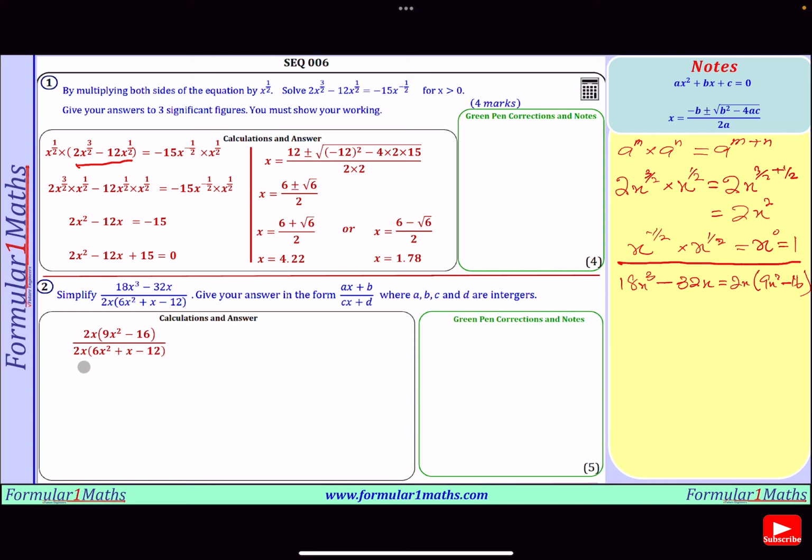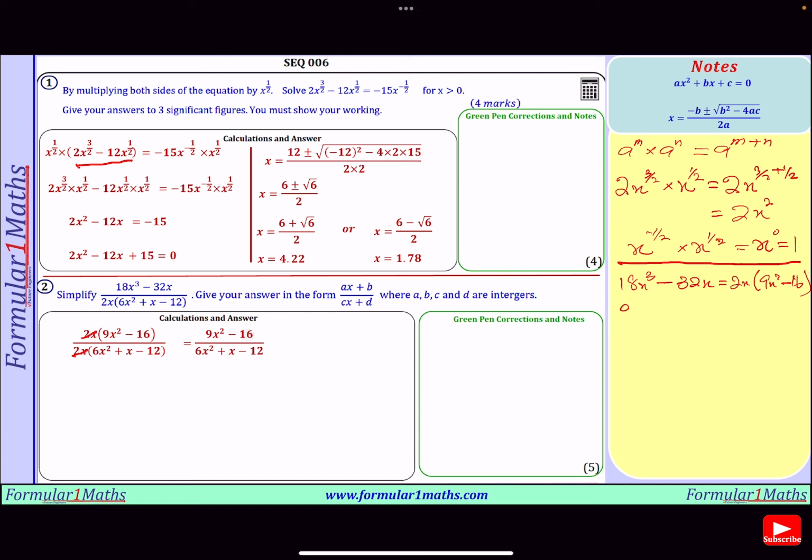We can now divide numerator and denominator by 2x. That means crossing this and this out. So we get 9x squared minus 16 over 6x squared plus x minus 12. But 9x squared minus 16 is the difference of 2 squares.